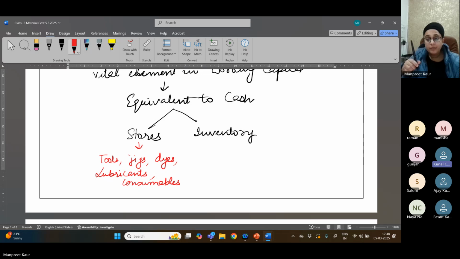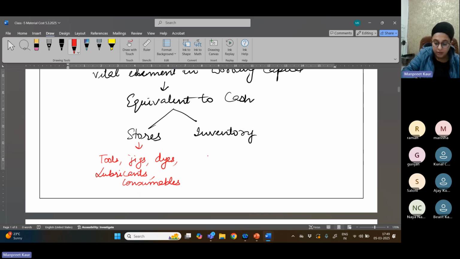Plastic, ink, nib. That is the material, raw material. But for making the dhacha, we need dyes, tools, jigs, lubricants, consumables. For example, in this pen, we have a fastener holding the upper body and the lower body. That fastener is a consumable. Tools are needed, all covered under the term stores.